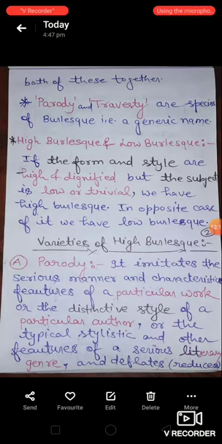So parody, it imitates the serious manner and characteristic features of a particular work or the distinctive style of a particular author. See, as I told you, in high burlesque we imitate style, but the subject matter is trivial.